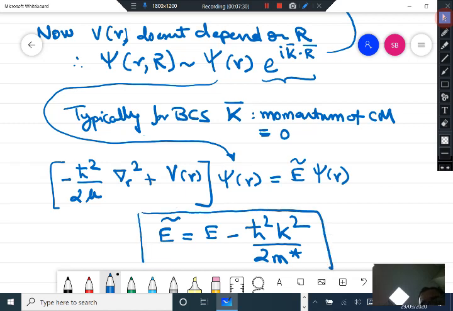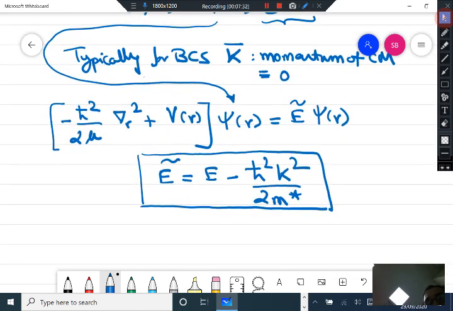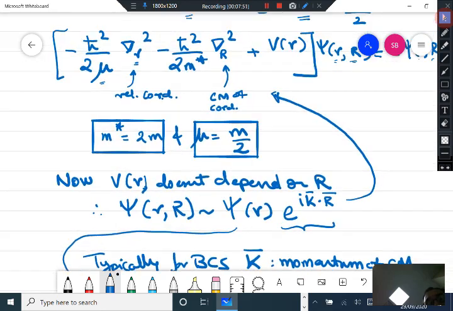E tilde is equal to this, and for BCS pairs, the center of mass momentum is equal to 0. Remember that this term, h cross square K square by 2m star, is coming from the term h cross square by 2m star delta R square, where R is the center of mass coordinate.